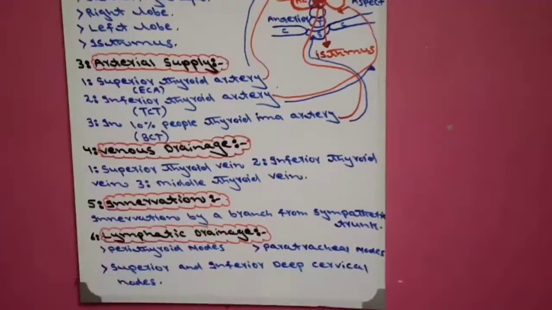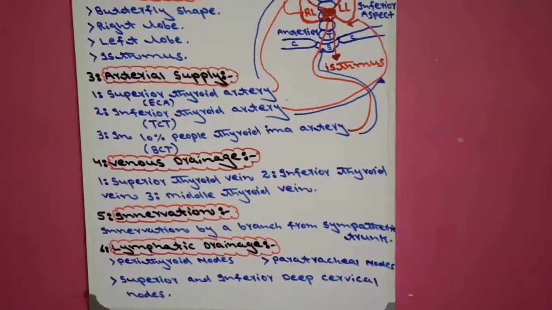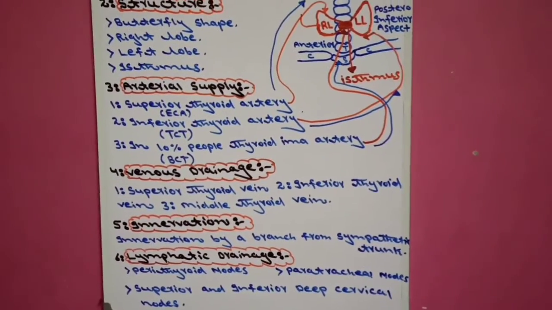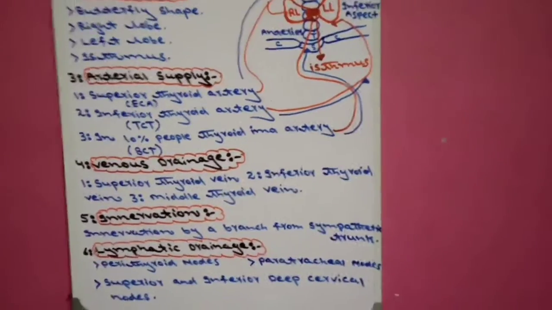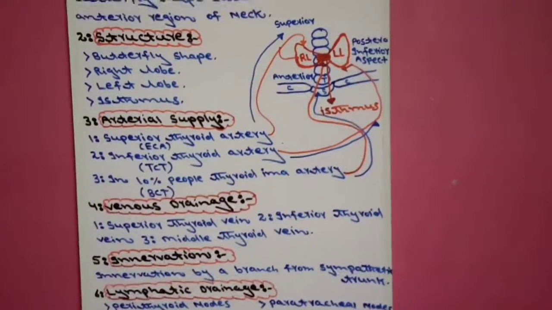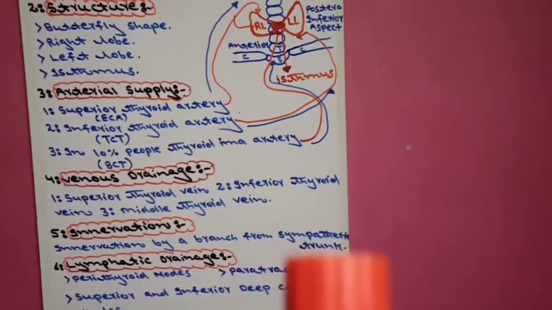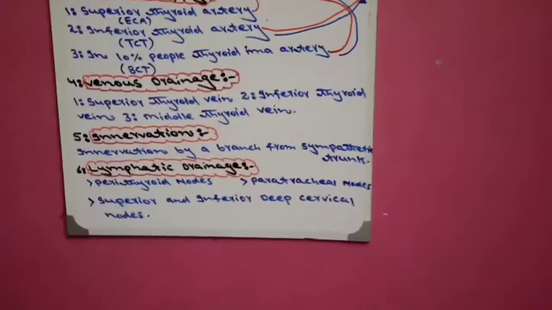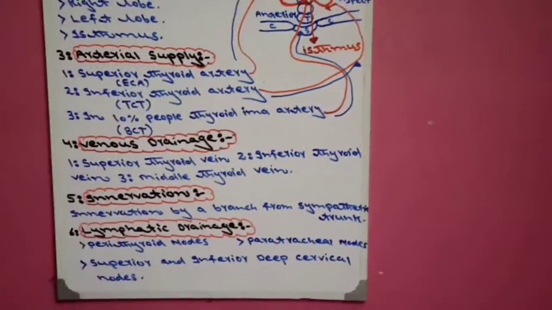After venous drainage, come to the innervation. The innervation of thyroid gland is from sympathetic trunk. Sympathetic trunk sends a branch to thyroid gland, it innervates the thyroid gland. The last is lymphatic drainage.